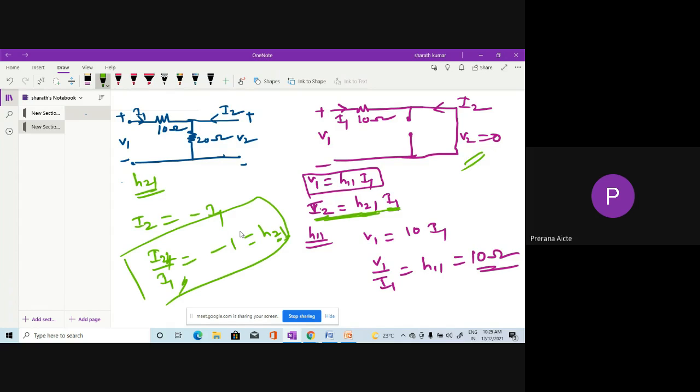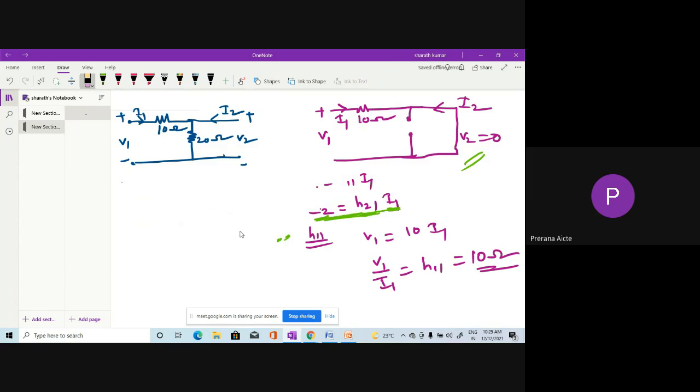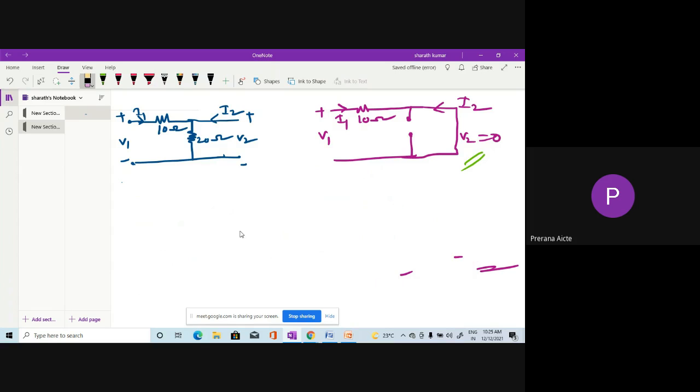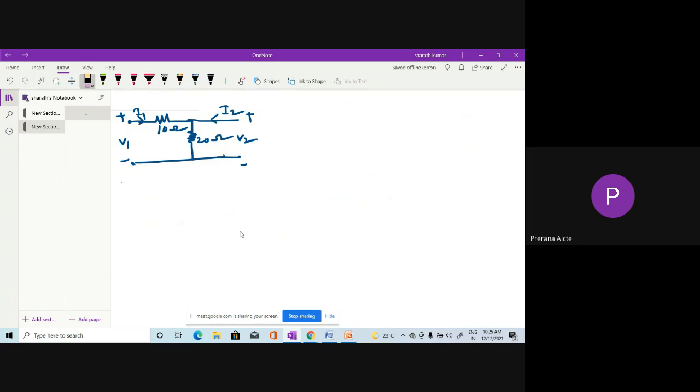So just go for your next two parameters of your network. In order to achieve your next two H parameters, what arrangement must be done in the given circuit? Open circuit port 1, sir. Port 1. So we can open circuit this port 1.